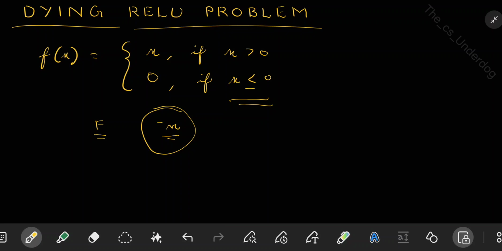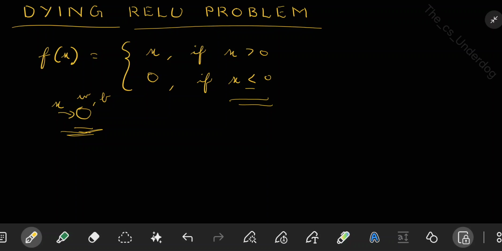For this, we'll take one neuron as an example. Let us say this is one neuron somewhere in your neural network. Then there will be some weight and some bias associated with this neuron. Whenever you give any input, let us say x is the input, it will be multiplied with the weight and the bias will be added to it.